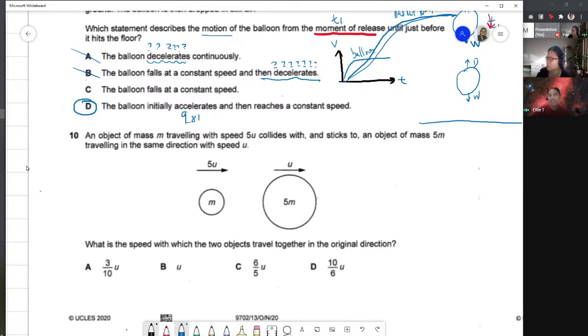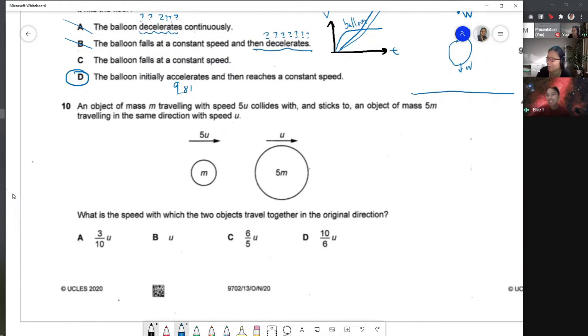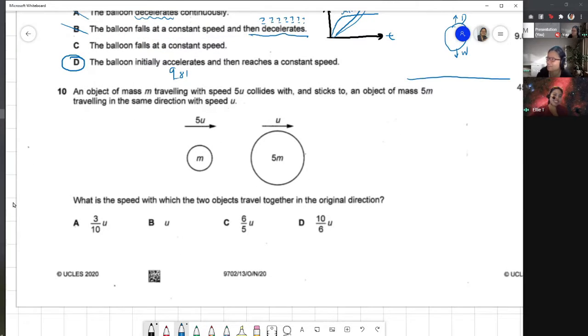Okay, next, question 10. Collision. This one is two balls collide, stick together. That sounds like an inelastic, imperfectly inelastic collision. Stick together after that. They move together.